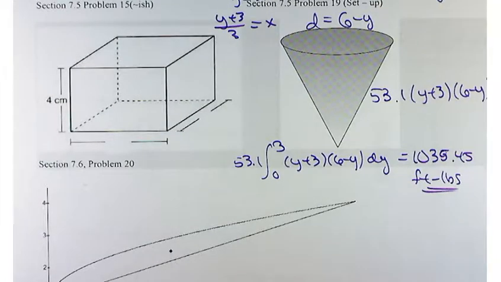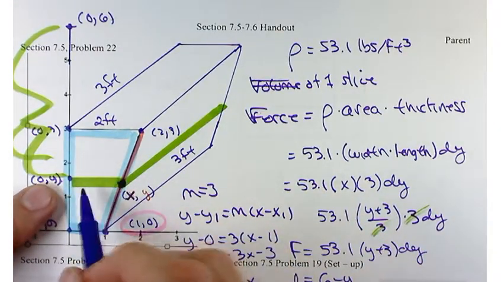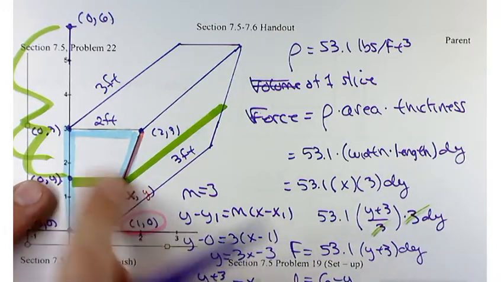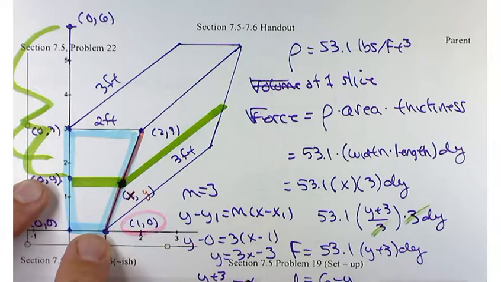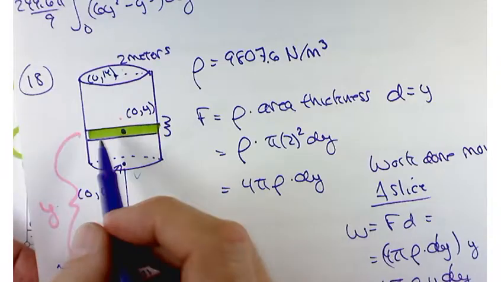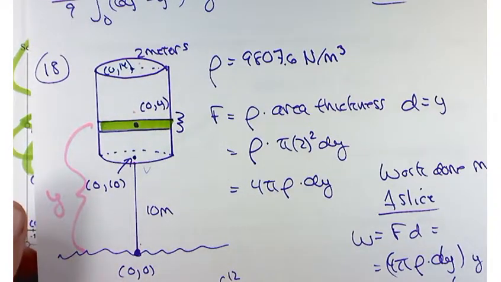Yes, sir. Yeah, it is going to be based on the slice. The reason we had to do a little extra work here is because the slice is going to change depending on how high you take it. So in some other problems that we've done, like problem number 18, it doesn't matter where you take the slice, it's still going to be a circle of the same radius.